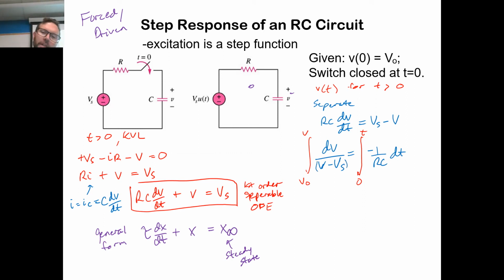So this ends up being ln of the absolute value of V minus Vs evaluated from V naught up to V, which is equal to minus 1 over RC times T evaluated from 0 up to T. Again, I'm not using T prime and V prime as I probably should, but we talked about that on Tuesday. I think we can see where things are going.